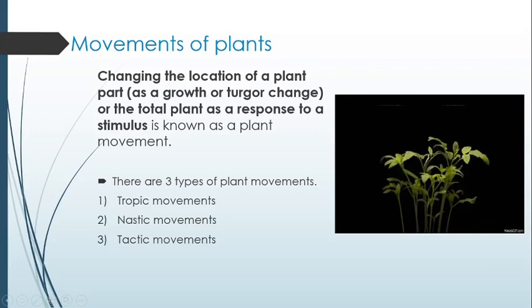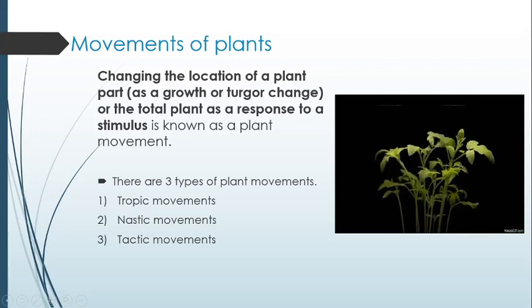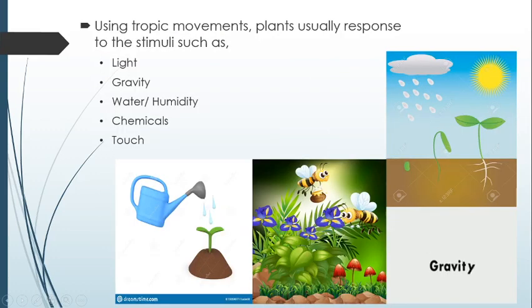They are tropic movements, nastic movements and tactic movements. Plants usually respond to stimuli such as light, gravity, water or humidity, chemical substances and touch. These are the stimuli which determine the movement of plants.